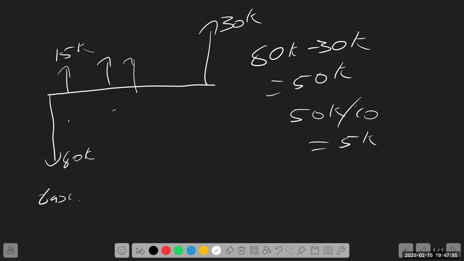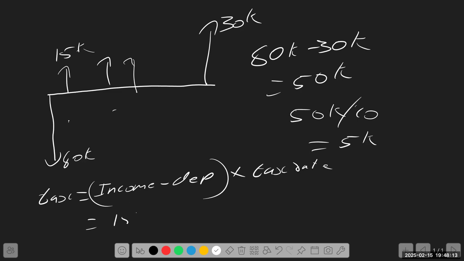So tax is equal to income minus depreciation, multiplied by tax rate.